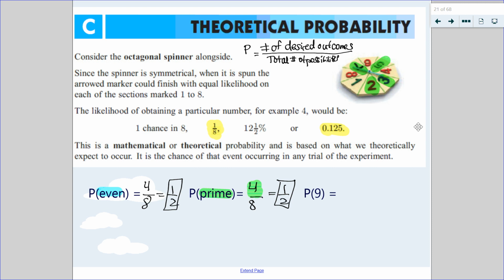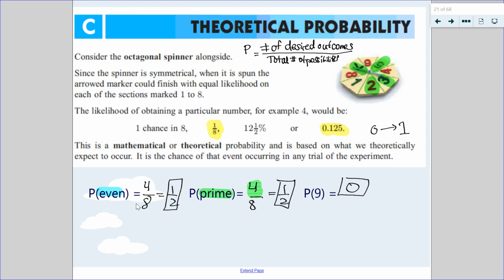And then if we look at the probability of getting a 9, our probability of getting a 9 is going to be 0 because you can't spin a 9 if our highest number is 8. So we can see that all of our outcomes do range between 0 and 1, 1 being our highest probability, 0 being our lowest probability. And everything is within that range of numbers.